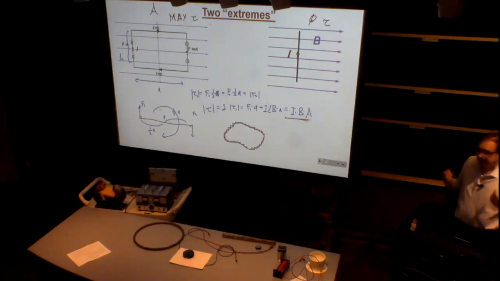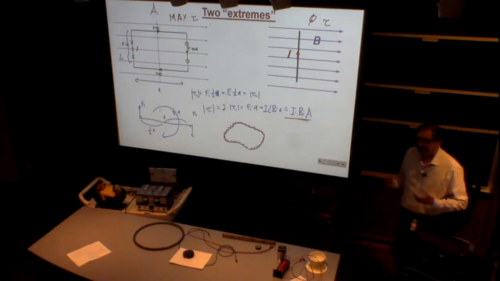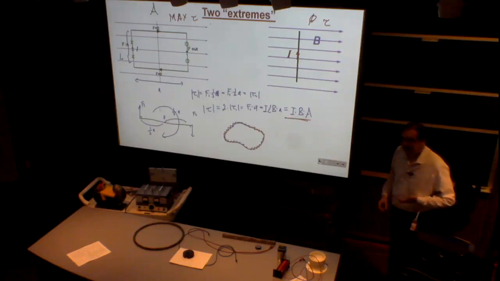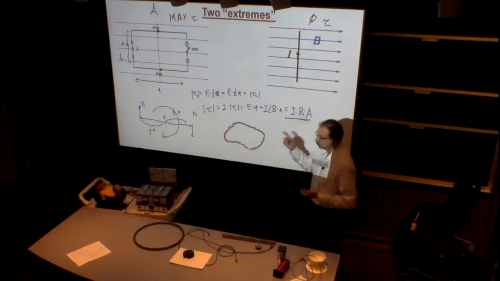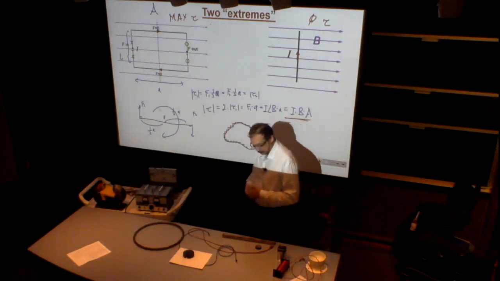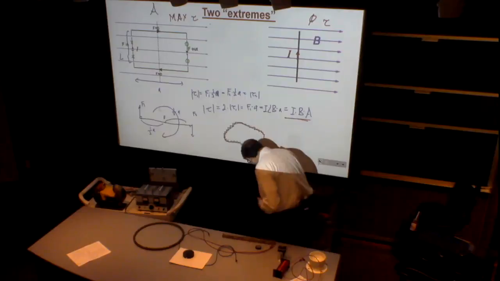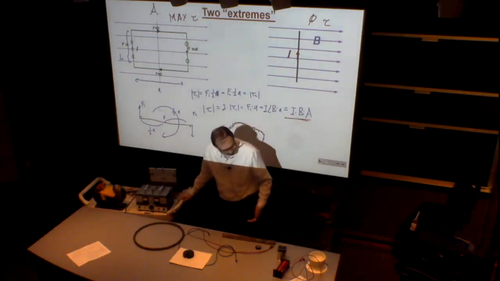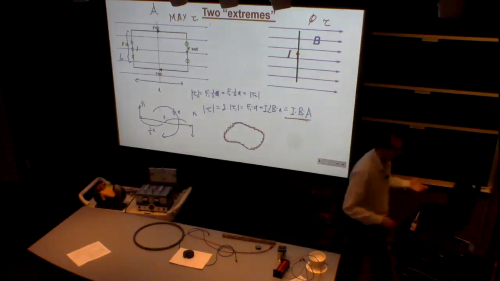Now, we need to figure out a way to describe these situations. So that's what we do. We introduce, which means define, which means invent something new to describe the orientation of the loop relative to magnetic field. And that new thing has a name. The area vector.